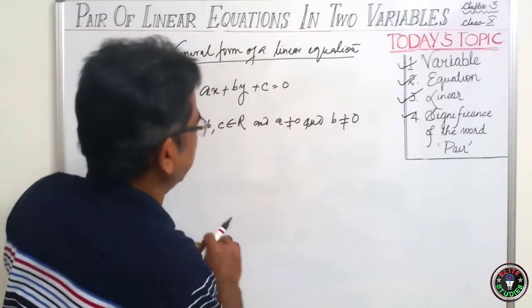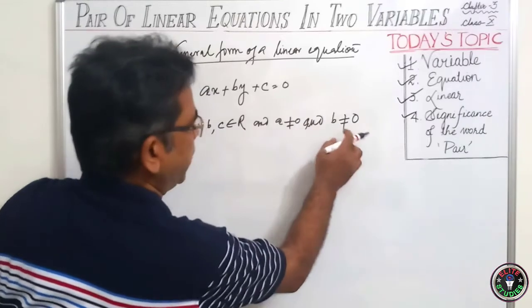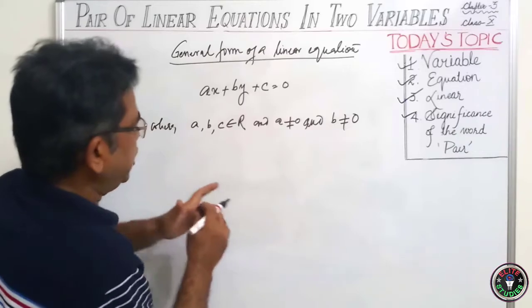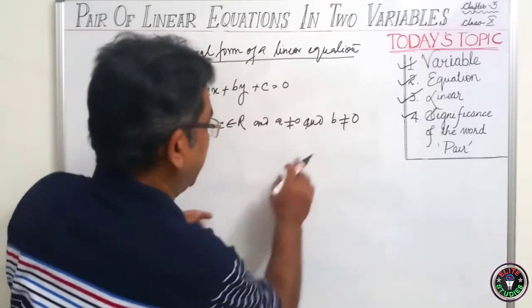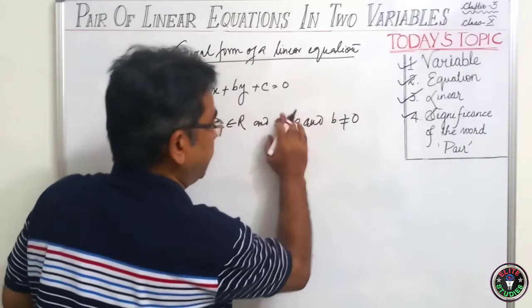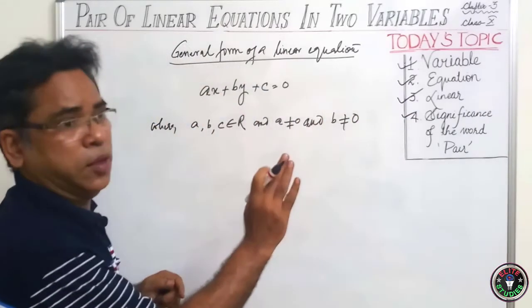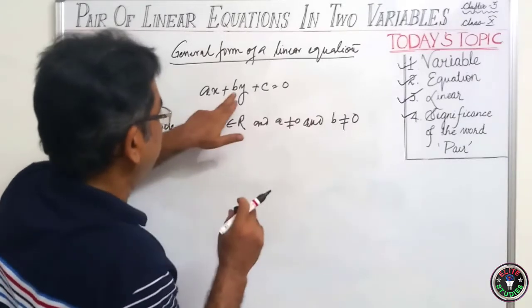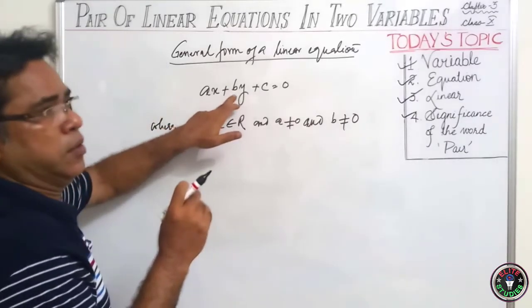Now why is it written like this? a is not equal to 0 and b is not equal to 0. Together they should not be 0. But a can be 0, and then b should not be 0.